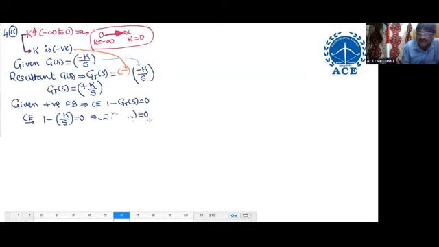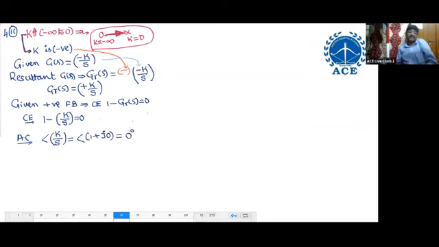Sorry, check the angle condition. What is the angle condition? Angle of K by s equals angle of 1 plus j0, which equals 0 degrees.